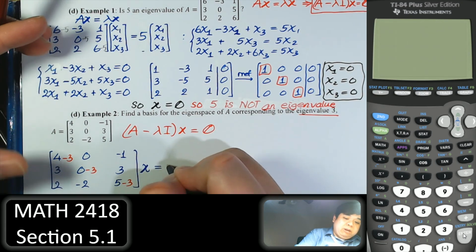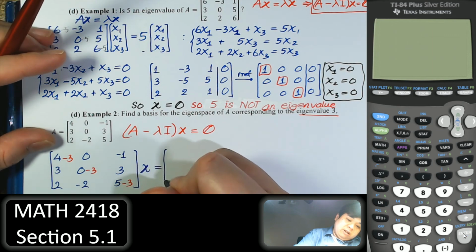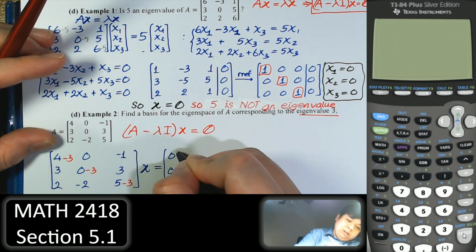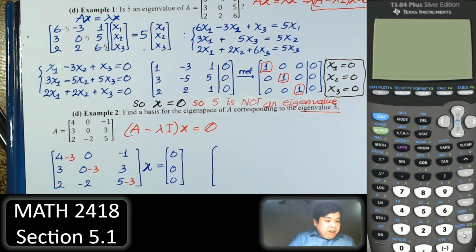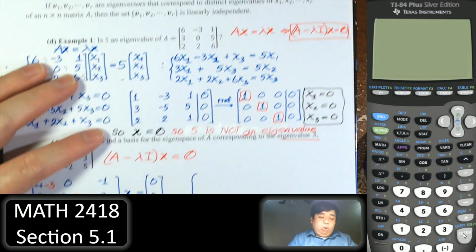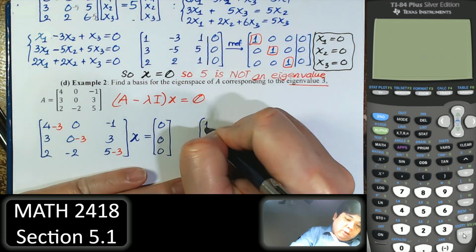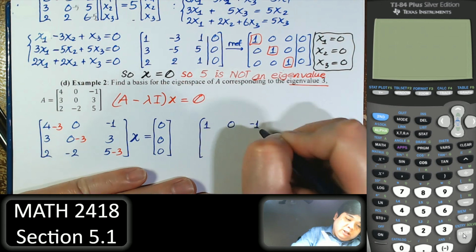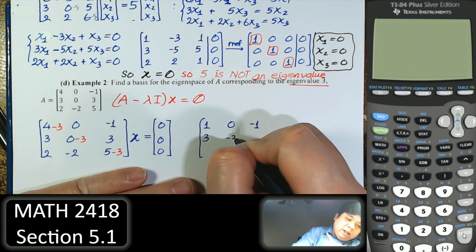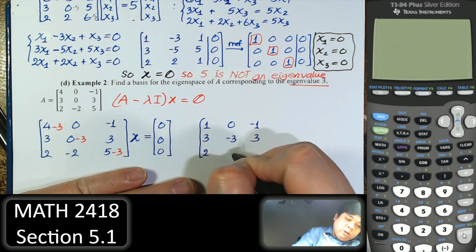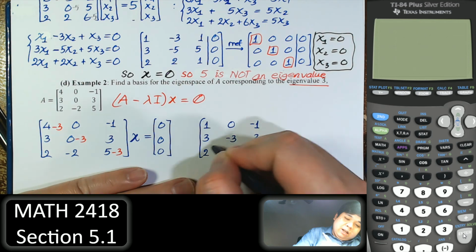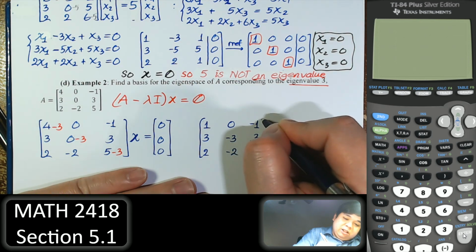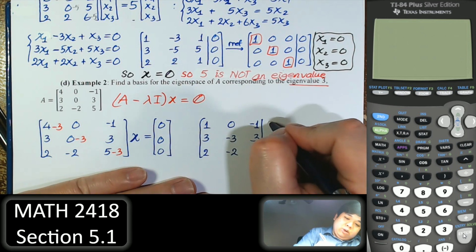Of course you can write 0 or the 0 vector, it doesn't matter. And with that we have the augmented matrix. Of course those two are equivalent. So this is 1, 0, negative 1, 3, negative 3, and 3, 2, negative 2, and 2. Yeah, those two equations look similar.